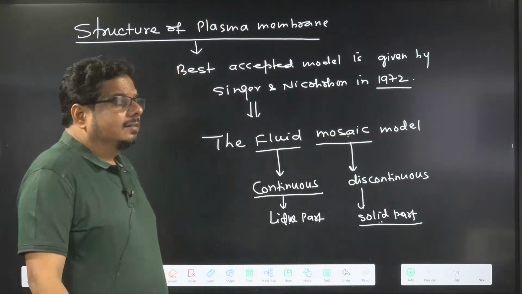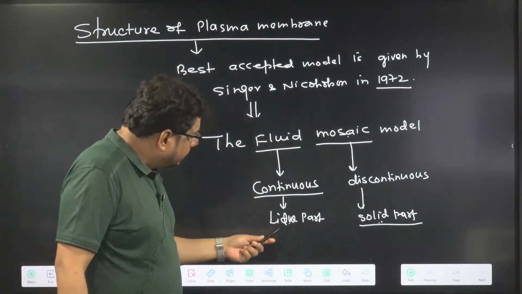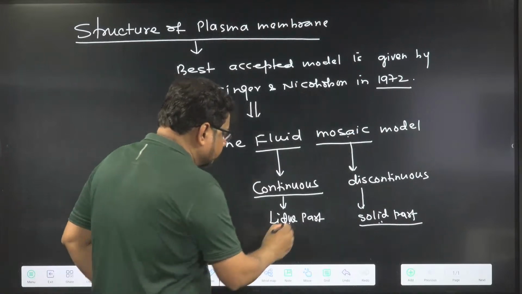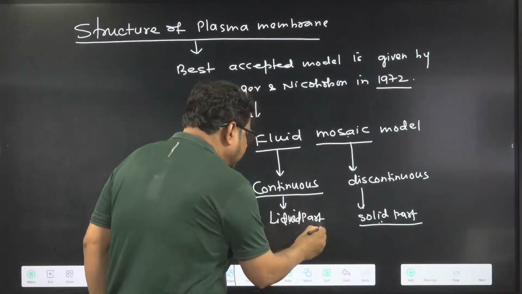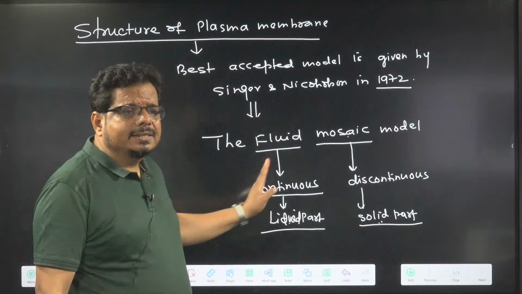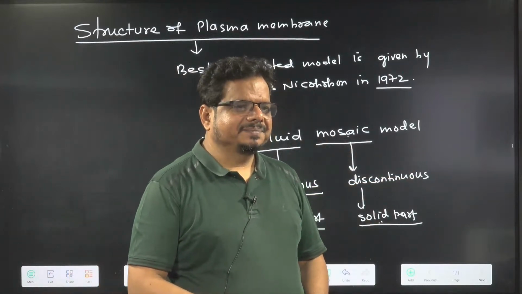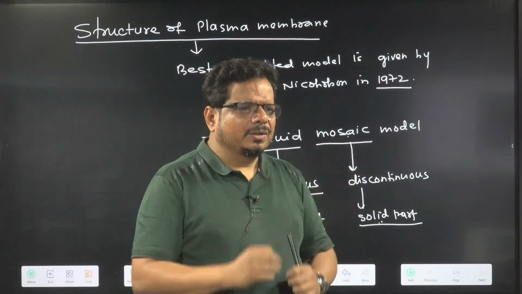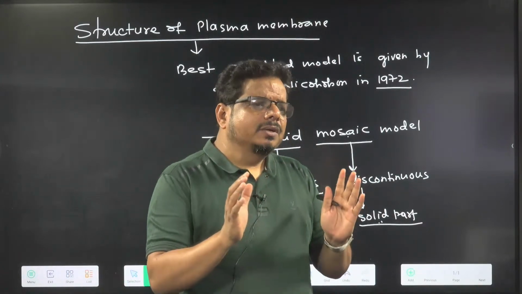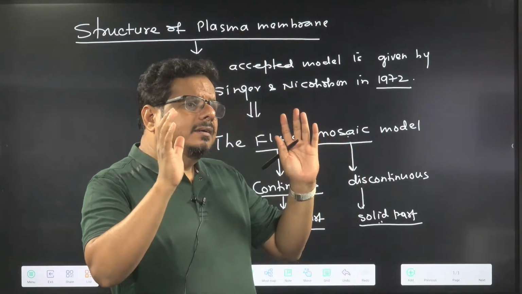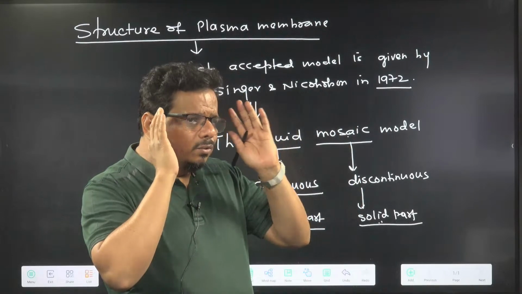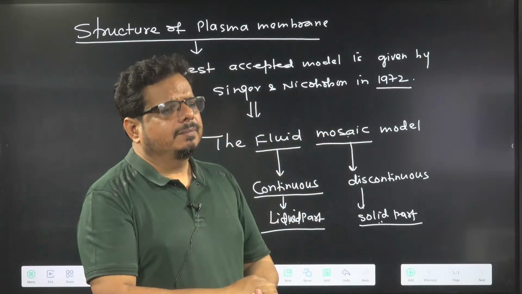And this sugar syrup is equal to lipid. Got the idea or not? Assume the sugar syrup of the gulab jamun is equivalent to the lipid part of the plasma membrane.